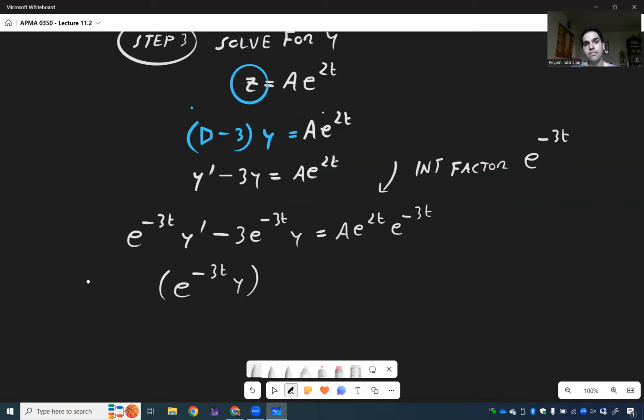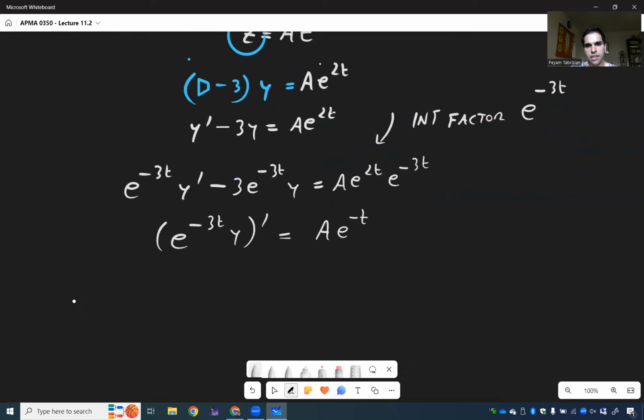E to the minus 3t y, prime, is ae to the minus t. And then e to the minus 3t y is the integral of ae to the minus t dt, which, the antiderivative of e to the minus t is minus e to the minus t. So minus ae to the minus t plus another constant, let's call it b.